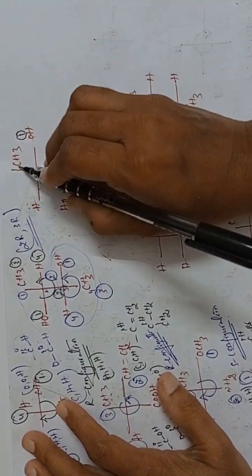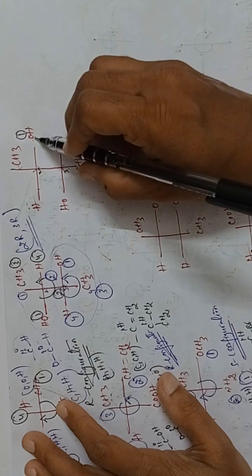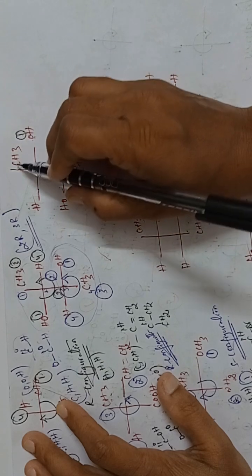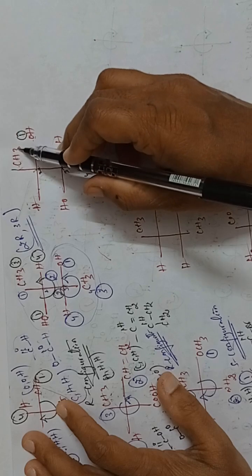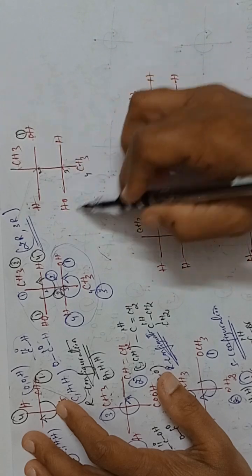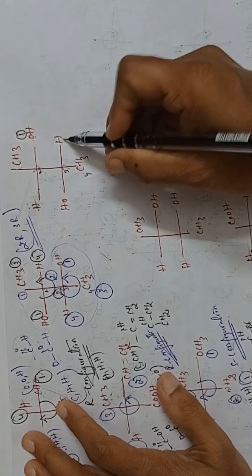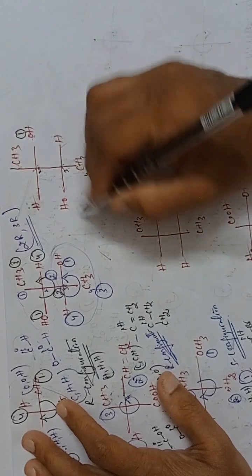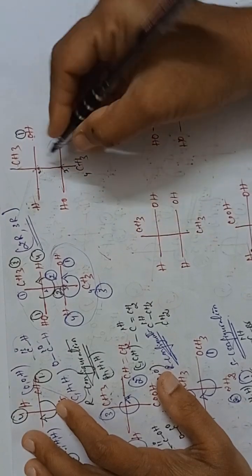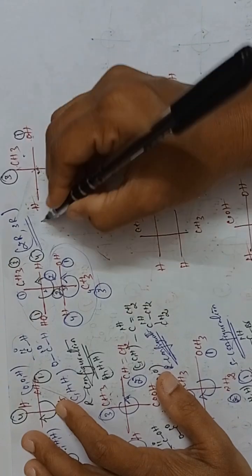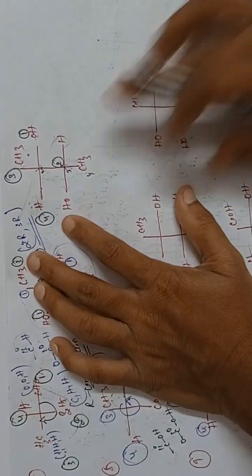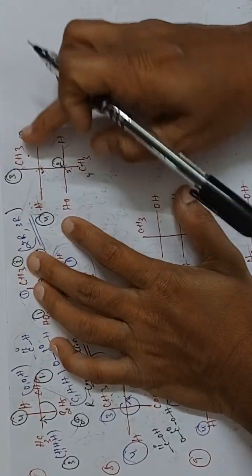Second priority, here carbon, which is attached to oxygen, carbon, hydrogen, so it is a larger group. That's why you give second priority to this carbon. Third priority this carbon, fourth priority here. 1, 2, 3.